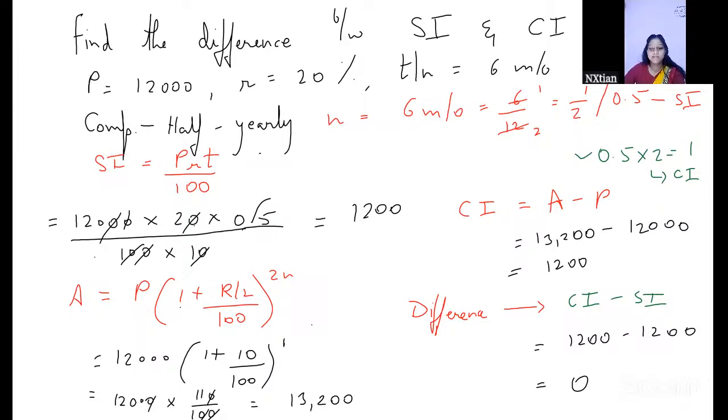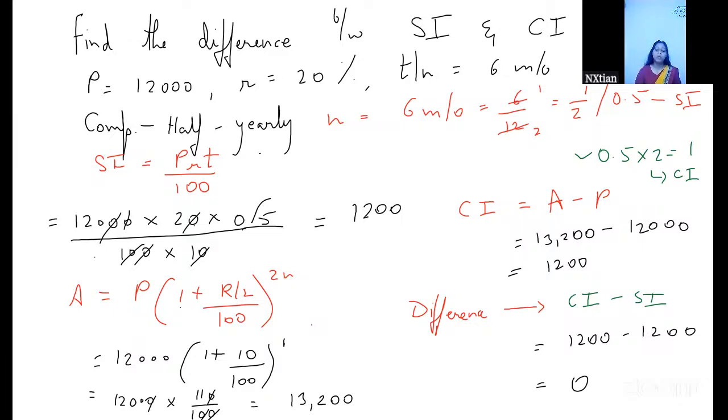So we have the answer 0. Any doubt in this question? Sometimes it might be that the compound interest and simple interest both give the same answer. It might be possible that we get the same answer. So that time the difference becomes 0.